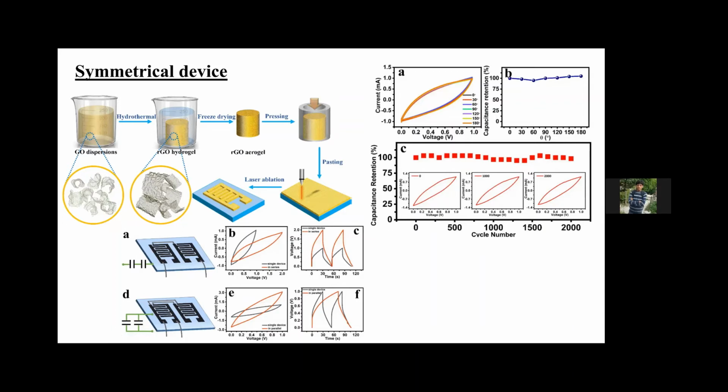To improve the device's performance, because for real-time application one device is not suitable, if we want to make a series connection, we connect it like this, and if we want to make a parallel connection, we connect it like this.